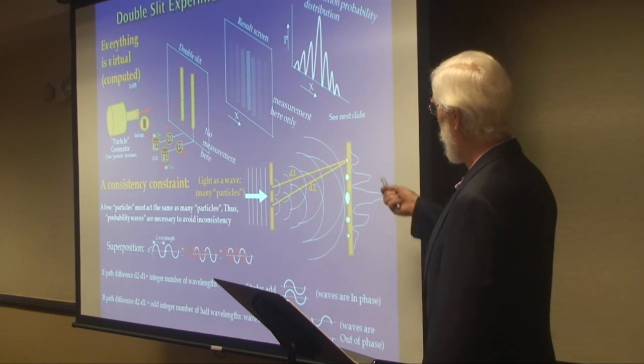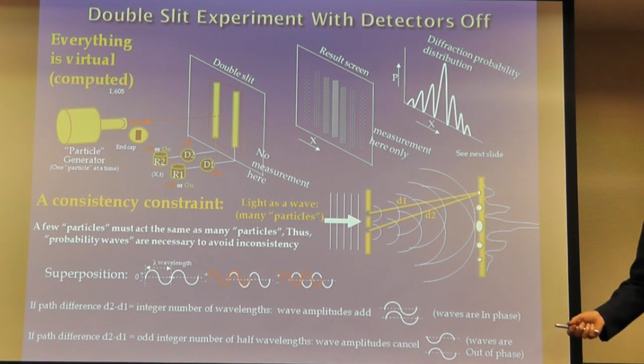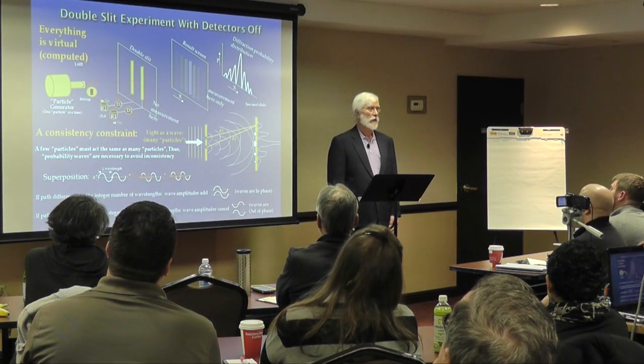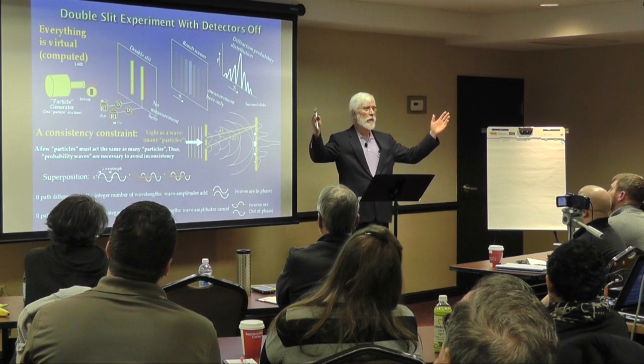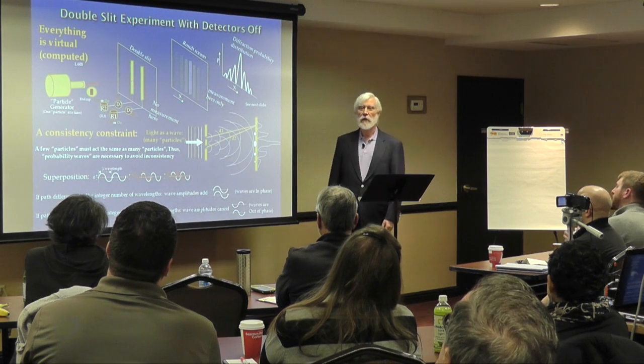So we can't have this pattern for when the light's turned up high like a flashlight, and a different pattern when it's one at a time. So in order for the rule set to be consistent, this is the way it had to turn out. So we end up with probability waves. See? So that's why we have these probability waves.